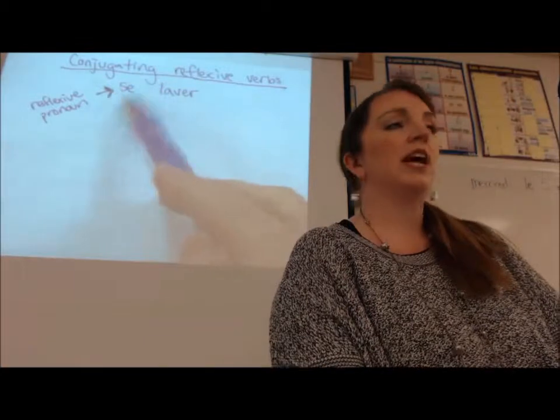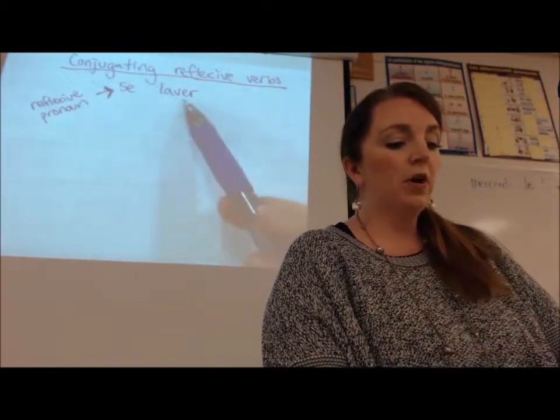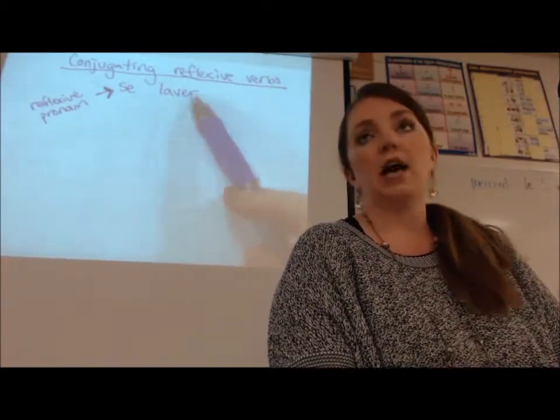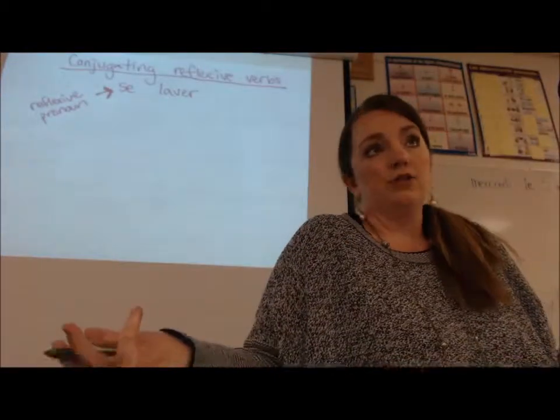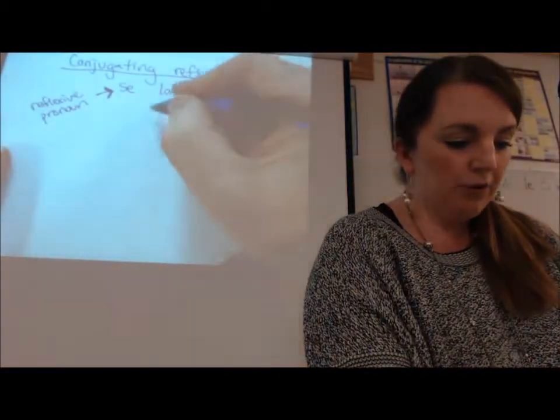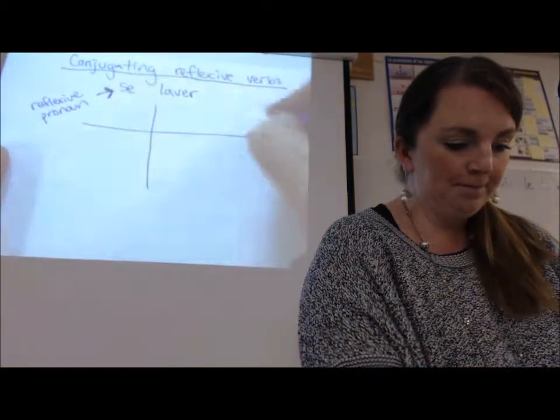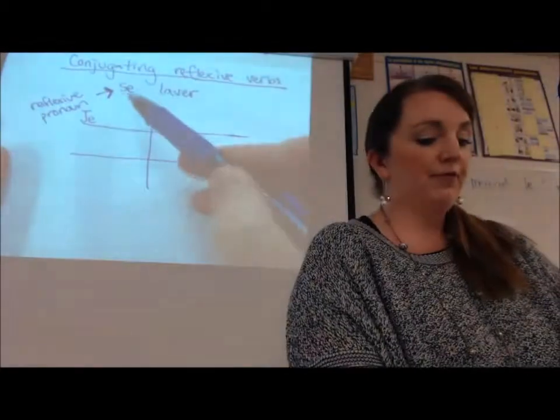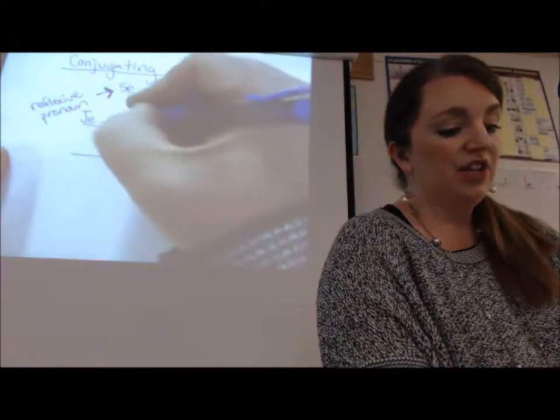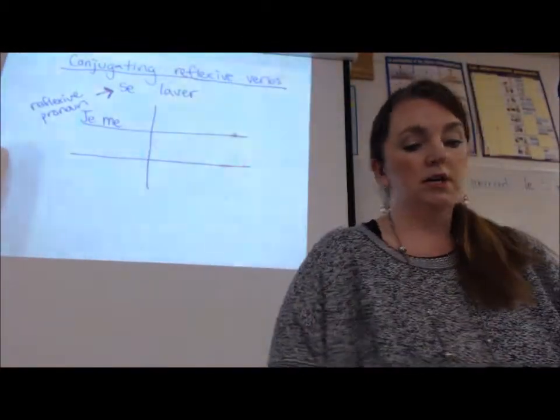So the reflexive pronoun has to change, and then the verb almost always just conjugates how it normally would. So an ER verb just has the same ER endings, just like normal. So if you draw our little grid here, for je, the reflexive pronoun, the se, changes to me.